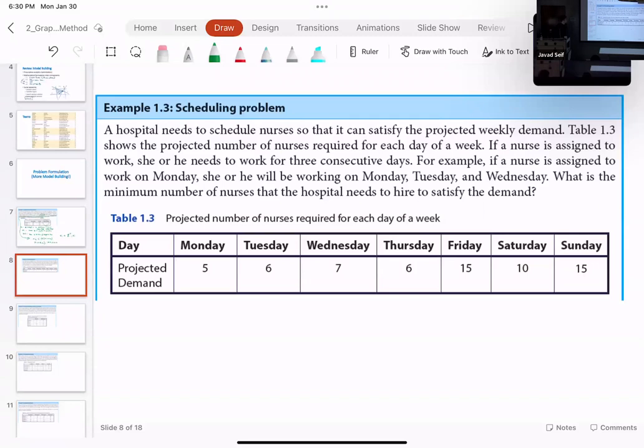But then we say, okay, we need to have at least this many. So another solution is, okay, hire 5, 6, 7, 6, and so on. But is that optimal? Because you could have used the 5 that you hired here in these 2 days. Why are you hiring 6 more again?